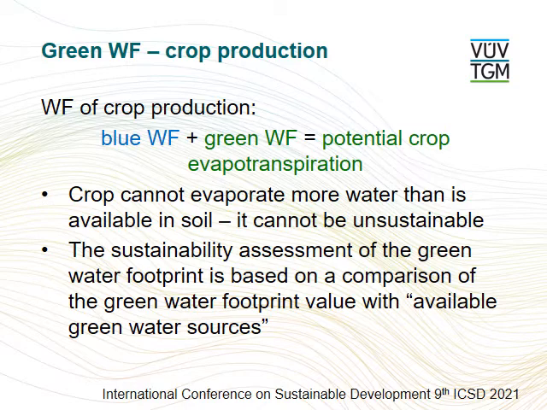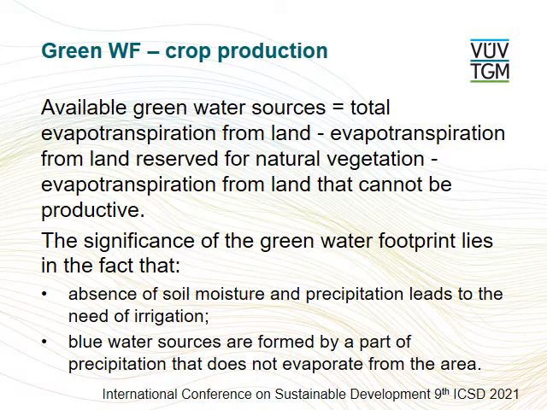It is defined as a comparison of the green water footprint with so-called available green water resources. Available green water resources are defined as total evapotranspiration from land minus evapotranspiration from land reserved for natural vegetation minus evapotranspiration from land that cannot be productive. What is it? It's not a real value. It's a synthetic indicator.